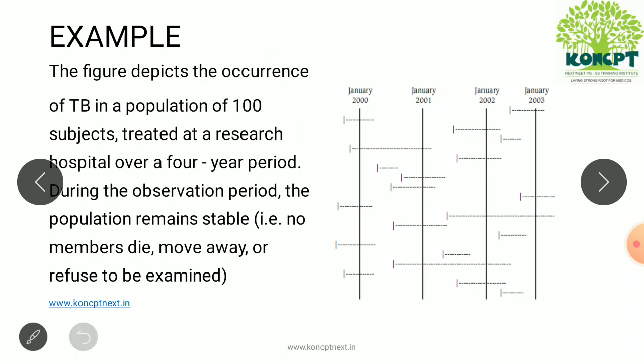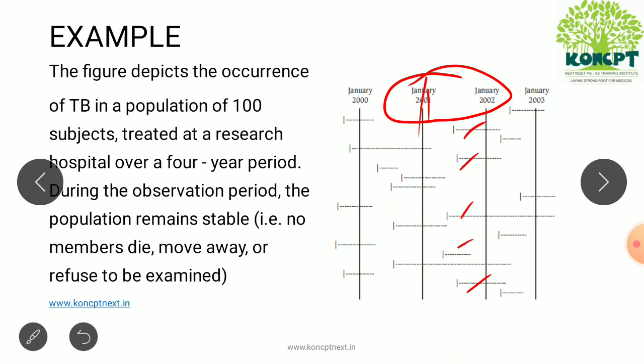Cumulative incidence is nothing but incidence, that is the number of new cases during a period of time. In the same way, we take January 2001 to 2002. How many new cases appeared? Here we will not take the lines which started before January 2001. We only take into consideration those lines which started between. So this is 1, 2, 3, 4 and 5. These 5 will be considered in the incidence.